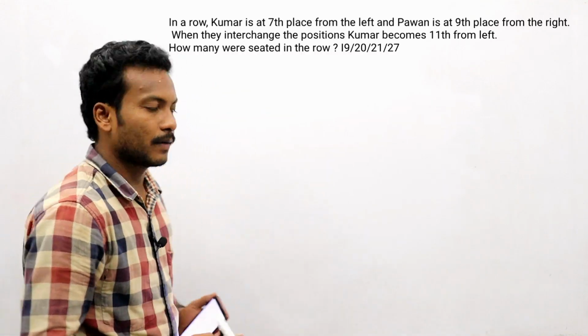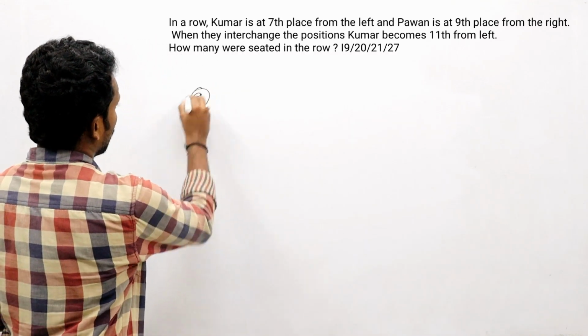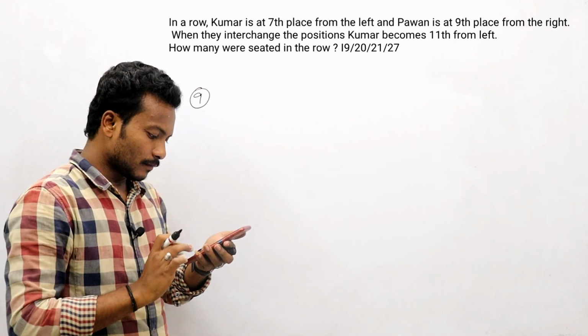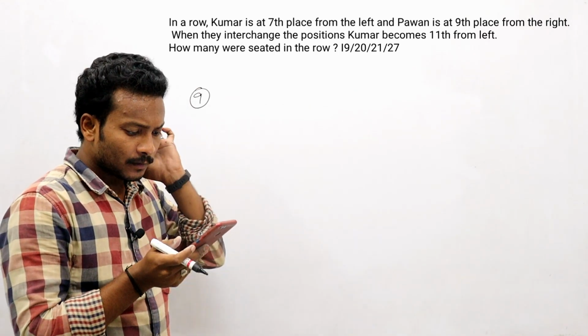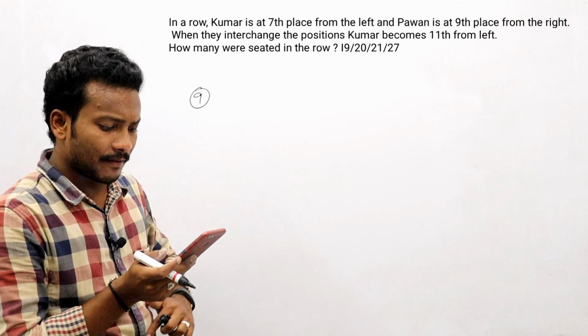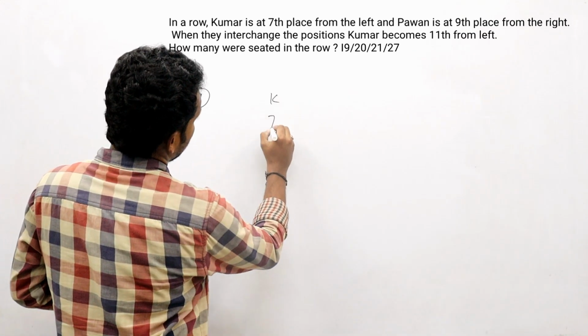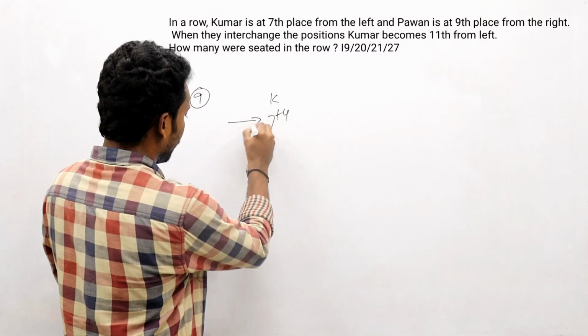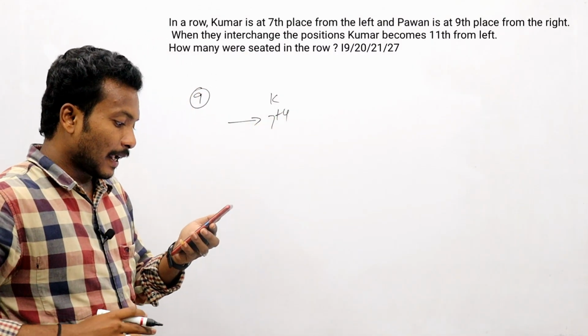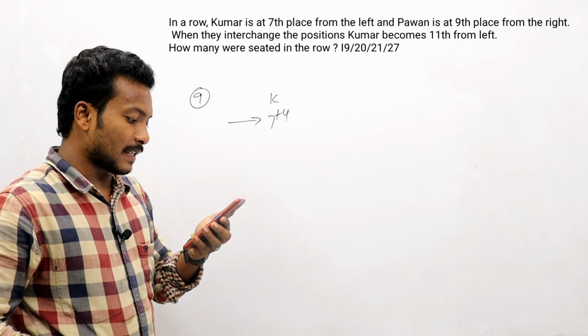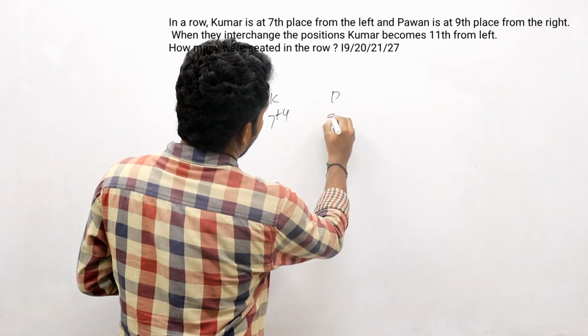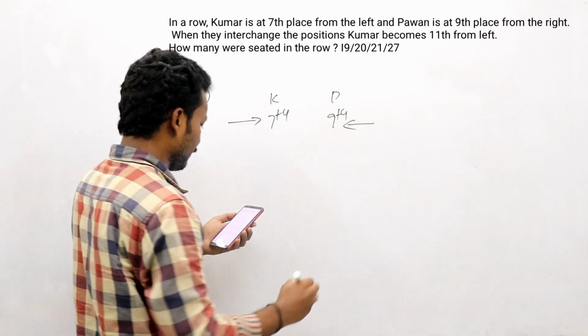Next, 9th question. In a row, Kumar is at the 7th place from the left, and Pawan is 9th place from the right.